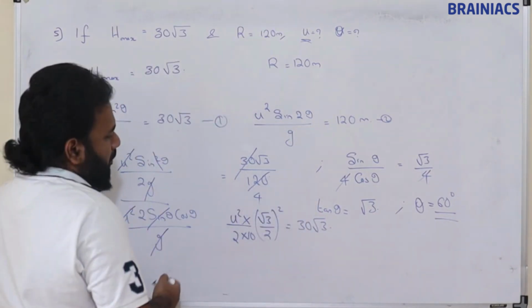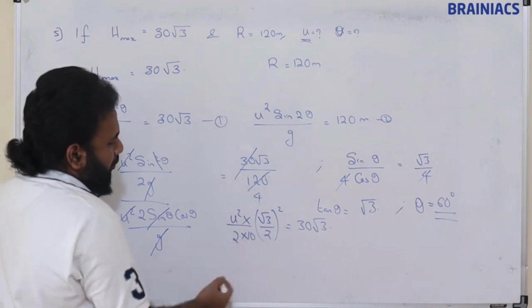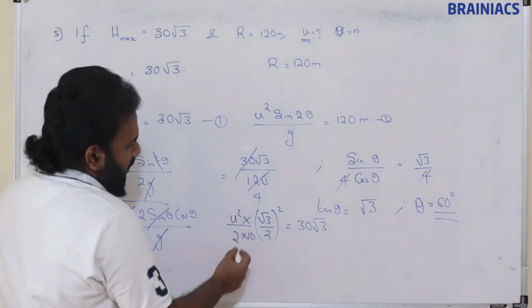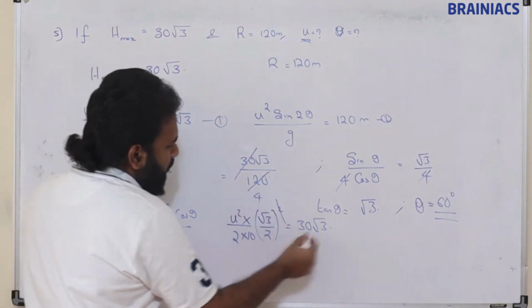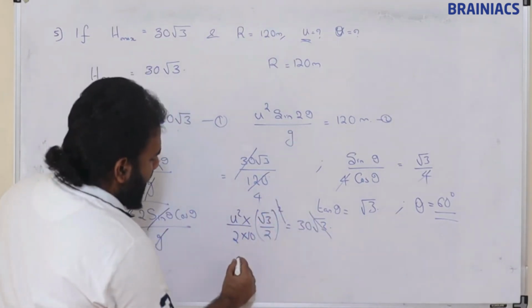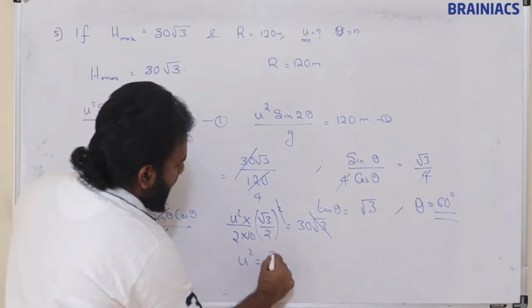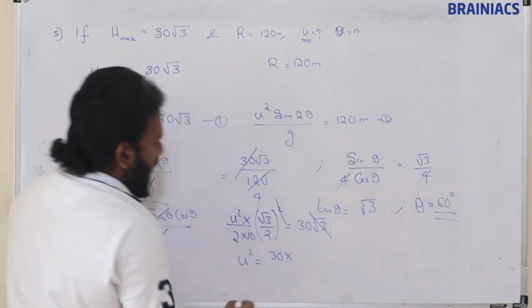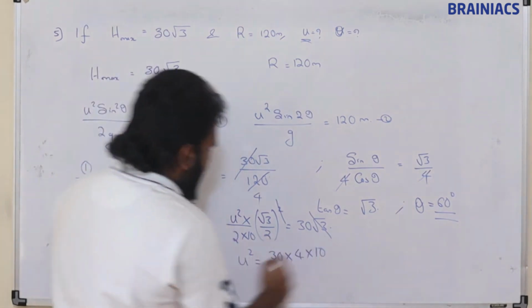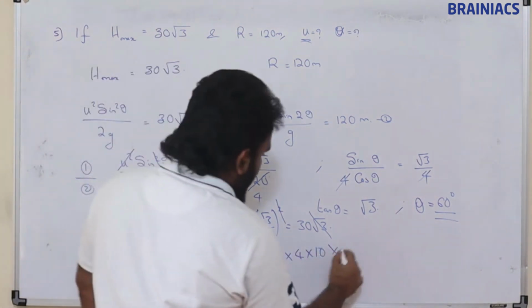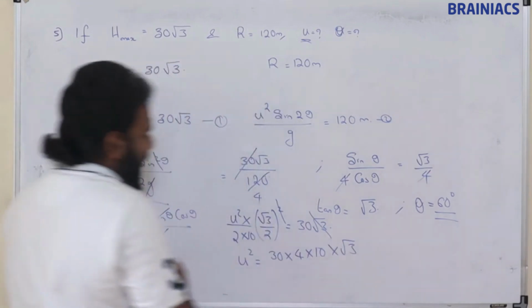Okay, so now we will solve this. We will find u. So this root 3 will be cancelled off. U square is equal to 30 into 2 into 2, 4 into 10, into root 3.